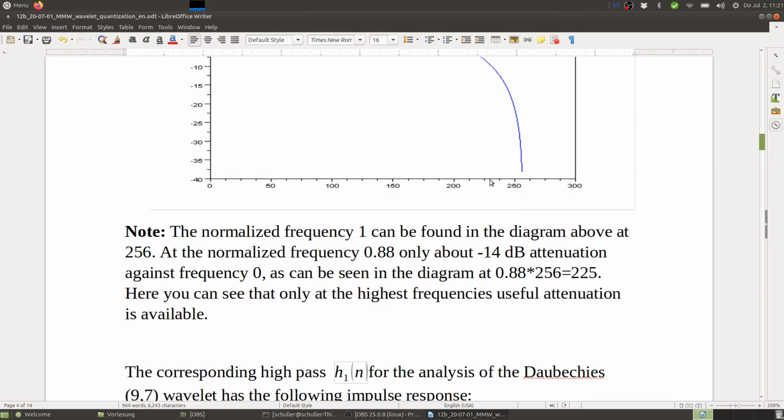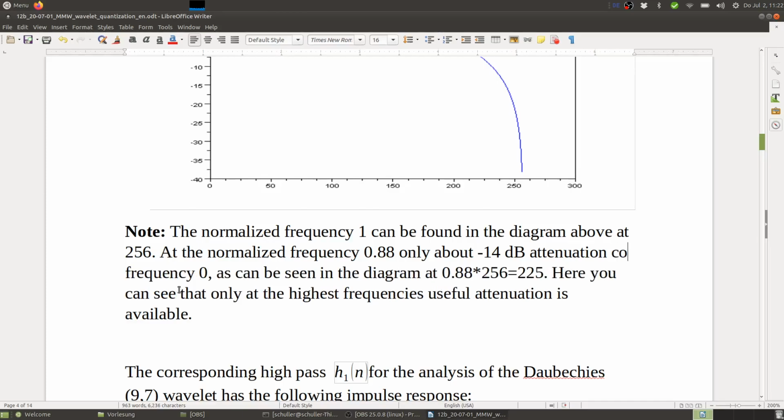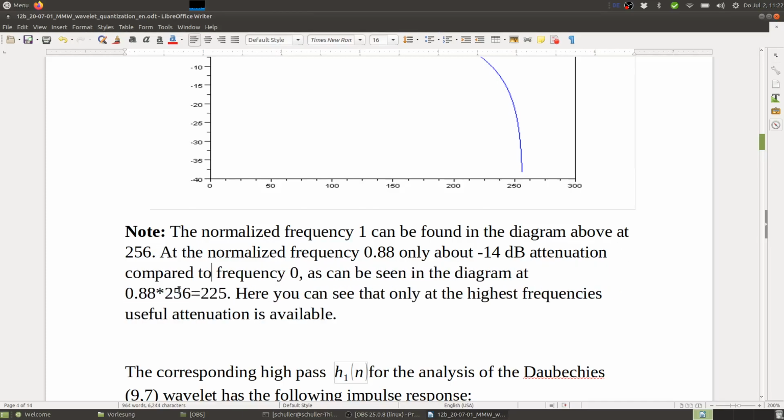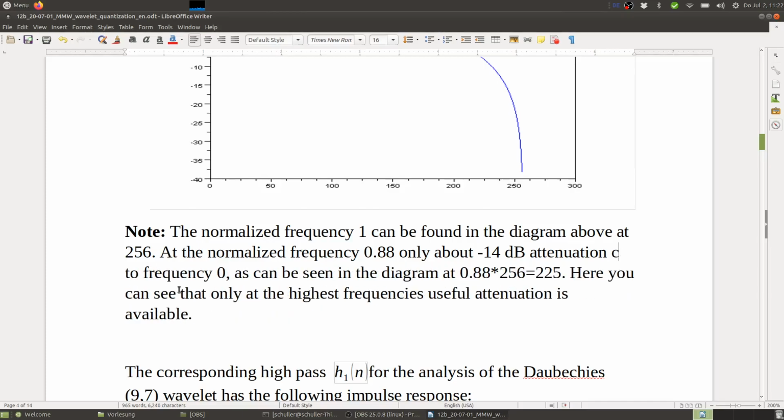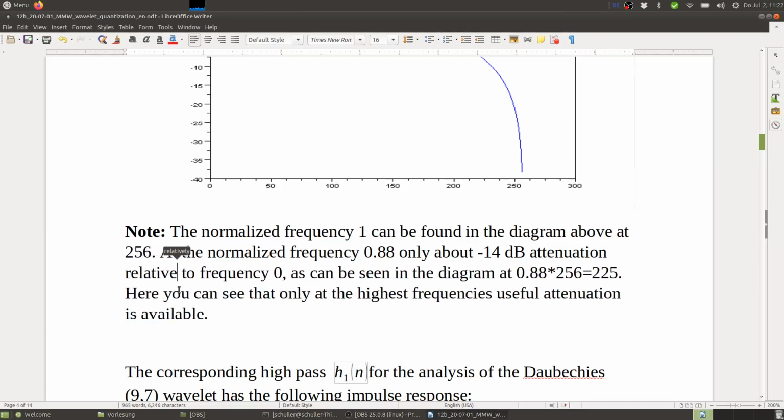So then we are in this range here, and then we only get about minus 40 dB, 14 dB attenuation, relative to frequency 0. Yeah, so here we can also see that only the highest frequencies have useful attenuation.